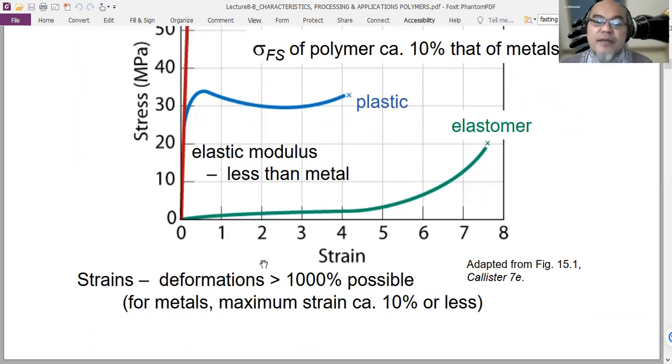Strain and deformation is larger than 1000% even in some forms of elastomer. Larger than 10 times its original length is possible. In metals, maximum strain is usually only up to 0.1 strain or 10%. So the deformation can go a maximum of 10% of the original length.